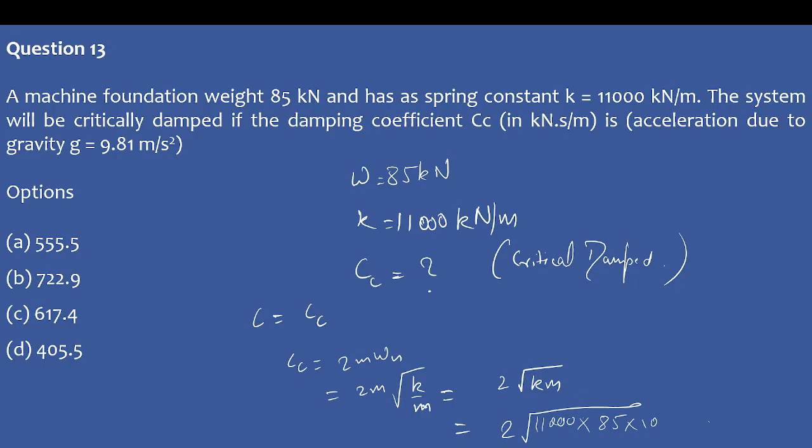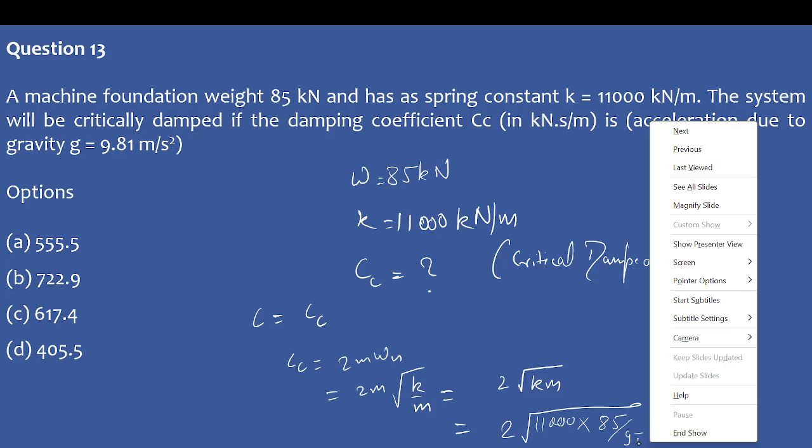Basically this m will go, this is root m and m, so this will go into root m. Okay, so 85 kilonewton, converting into the mass, it will get divided by 9.81. Yeah, now it makes sense.